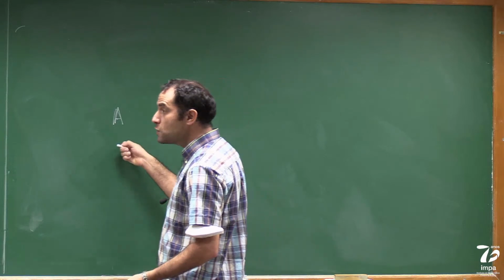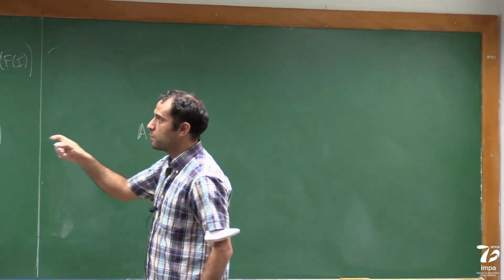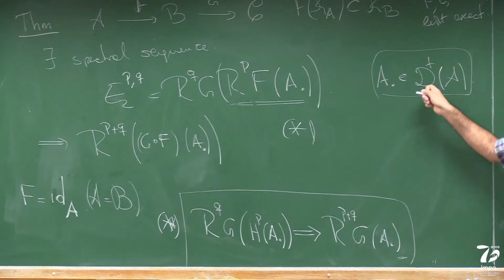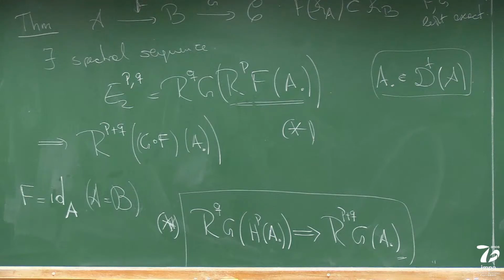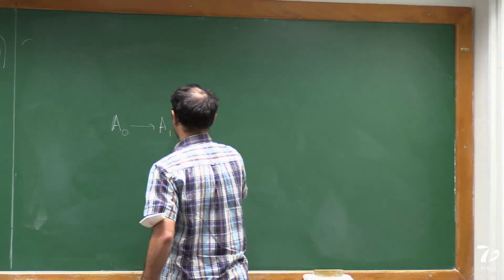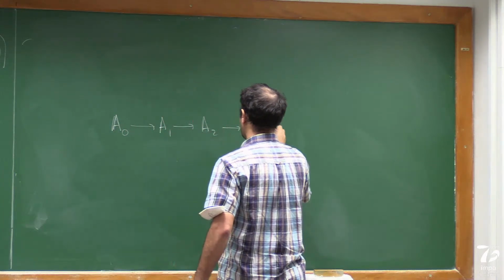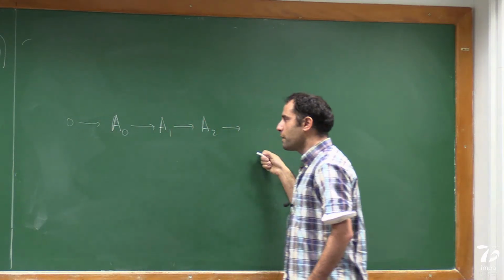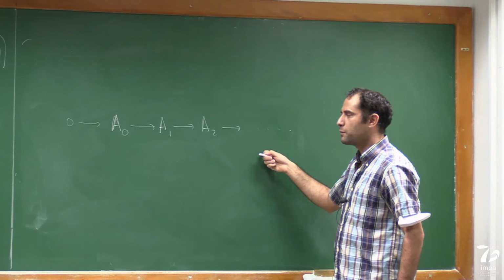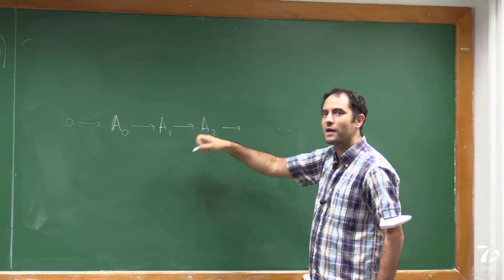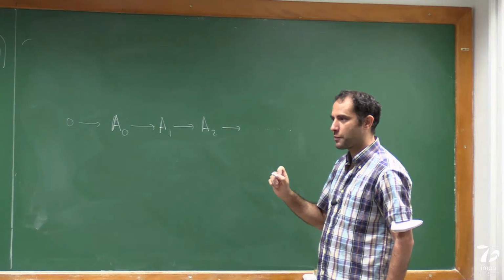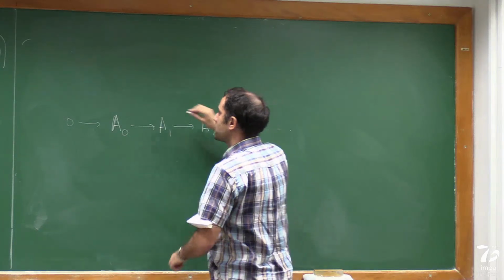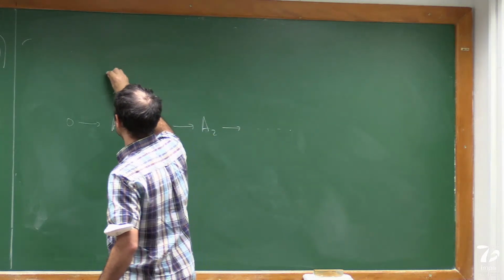Let's suppose, and now we're going to use the boundedness, that's why I needed this bounding here, that we have a complex A^0, A^1, A^2, and so forth. So what did we do when we proved the balancing of Tor? We wanted to prove that we could take a resolution on one side or on the other side when we took the tensor product of two modules. And what we did is we resolved each one of these guys by taking an injective resolution.